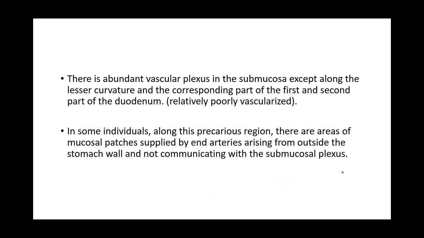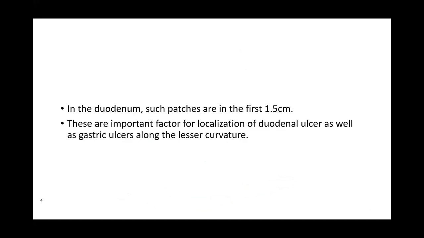You can see all these factors make this part more prone to ulceration. In the duodenum, such patches are in the first 1.5 centimeters. That's why duodenal ulcers are commoner in the first part of the duodenum, okay?